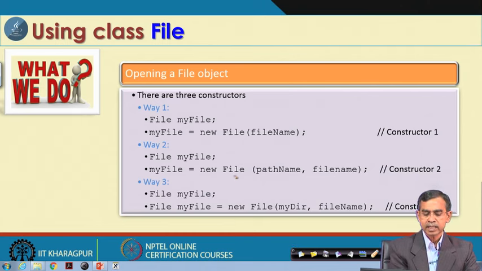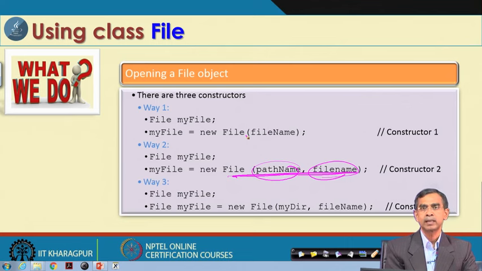There is another constructor, where you can also mention the path name and then the file name. The difference between this constructor and the first is that it assumes that your file belongs to the same directory from where you are working, that is, your working directory. Whereas, if you want to access a file which is not currently in your working directory, you can specify the path name and file name.